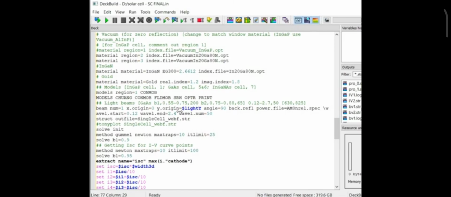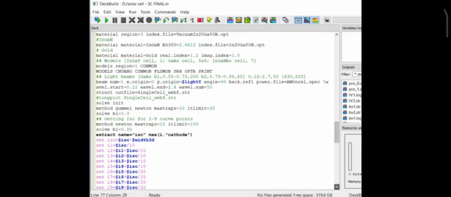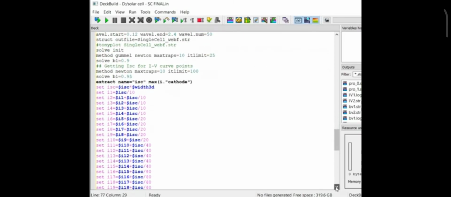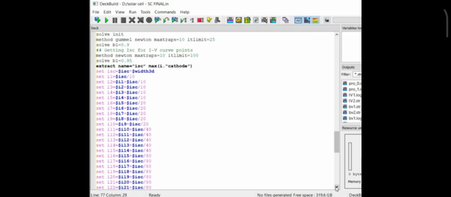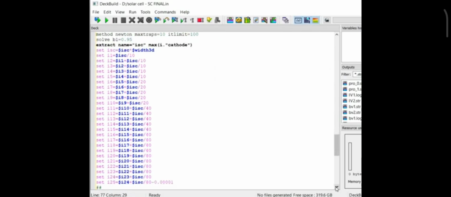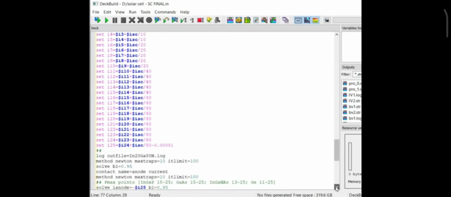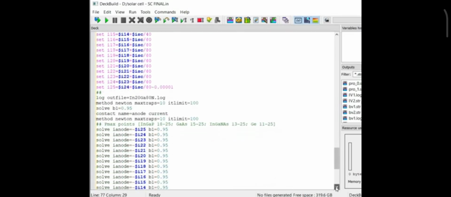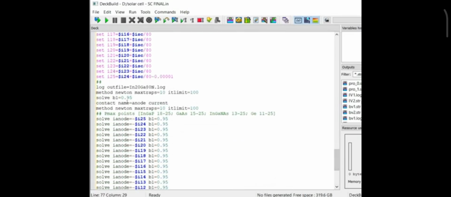If you want the log file, you have to apply voltage to the device. Use the solve initial statement. I have found the anode current for 25 different values. I have set the different points. Next, I am using the log statement and method.